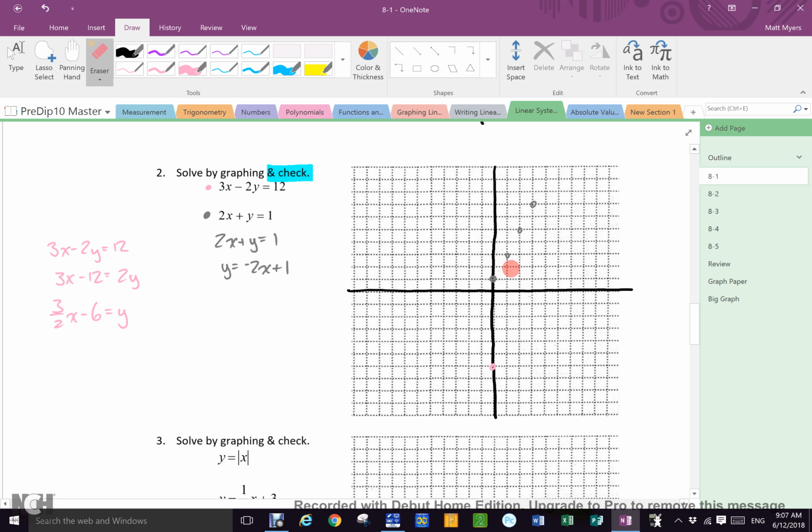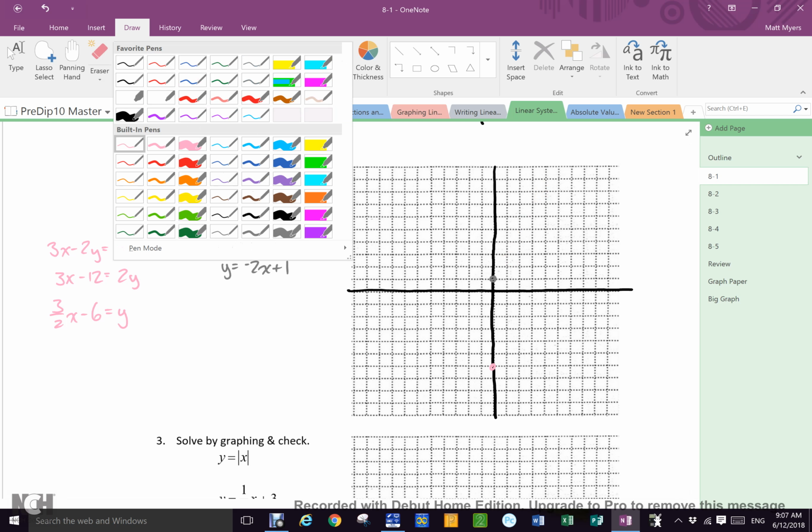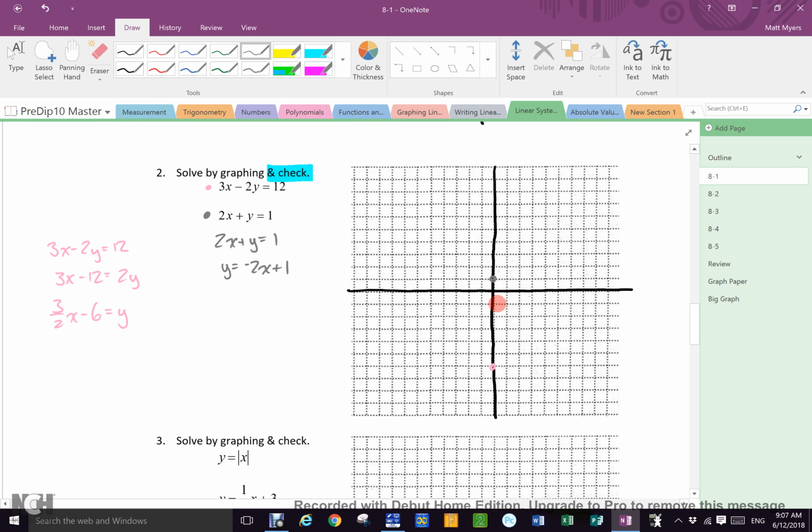Oh, I graphed my Smoggy Gray one wrong. That's what happens when you eat Smoggy Gray, man. It's disgusting.